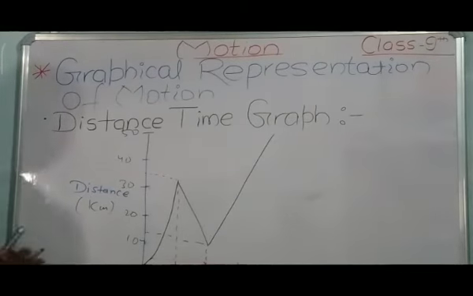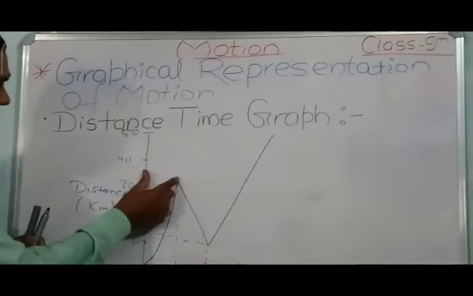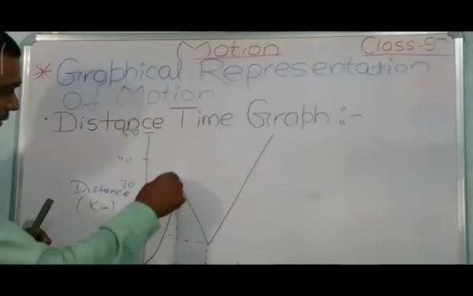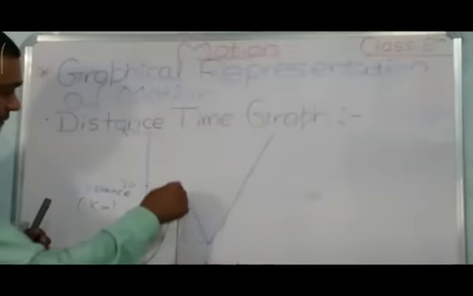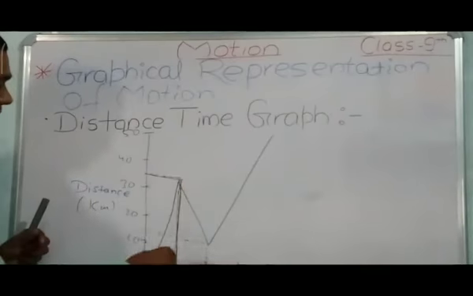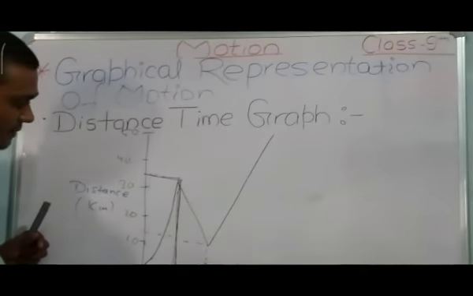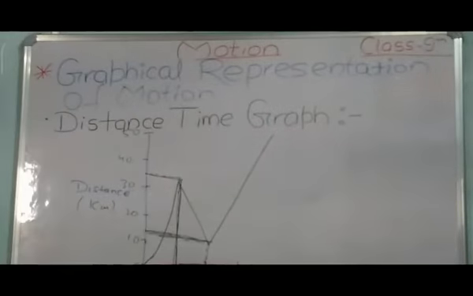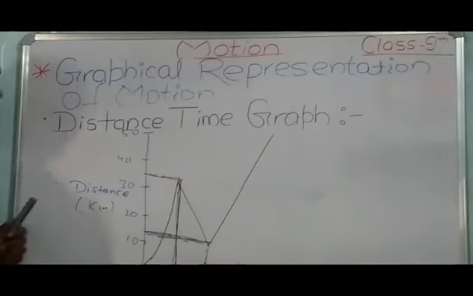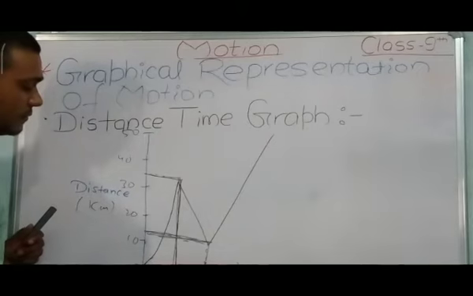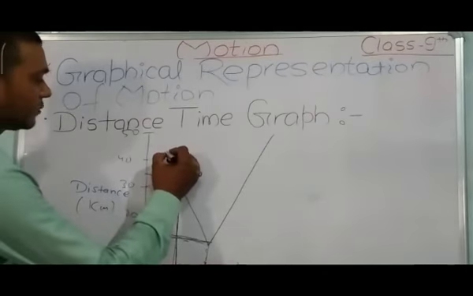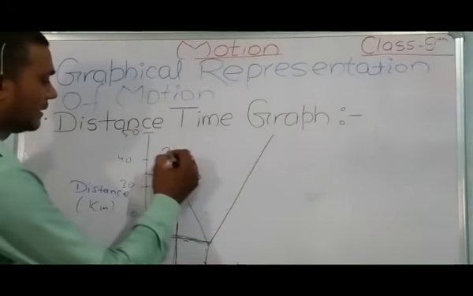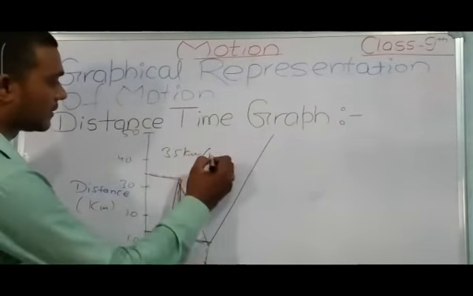I repeat, an object covers the first 35 kilometer in 1 hour, and in the next 1 hour it covers only 15 kilometer. So in the first interval of 1 hour the speed of the object is 35 kilometer per hour.